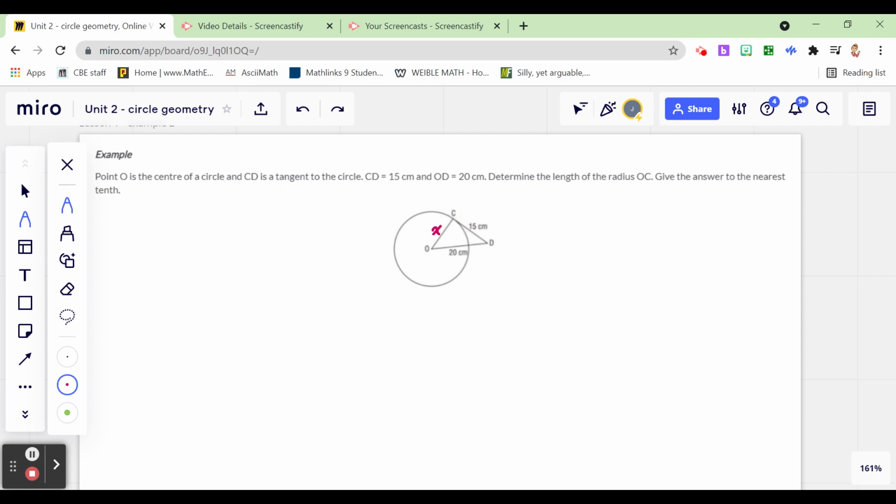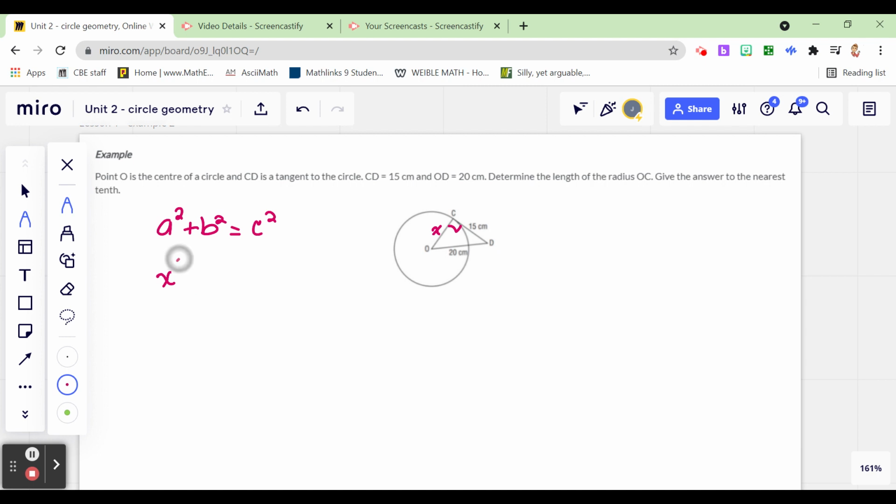Oh my gosh, that's a terrible square. Okay, so if it's a 90-degree angle, then I can use my Pythagorean theorem: a squared plus b squared equals c squared. For my a squared, I'm going to use the x.